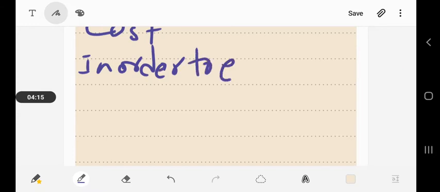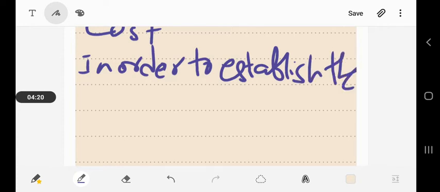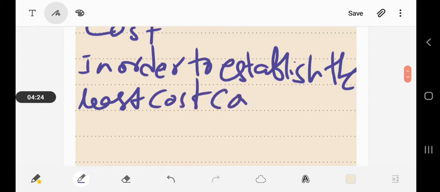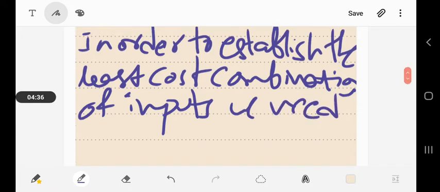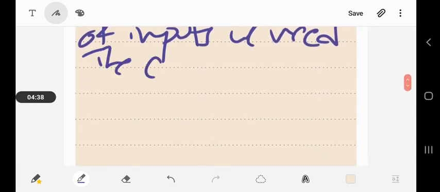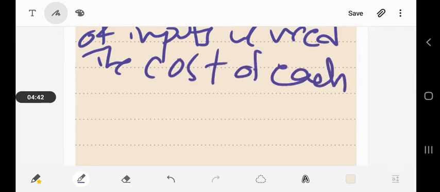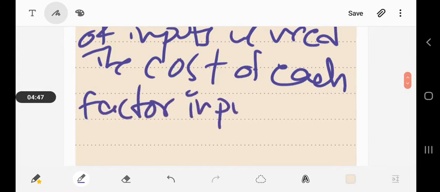In order to establish the least cost combination of inputs, we need the cost of each factor input.